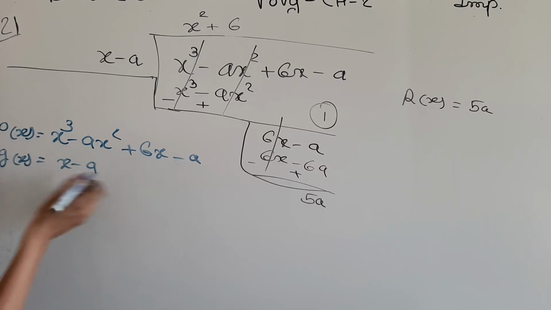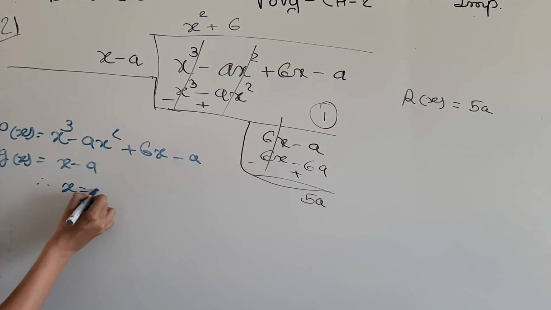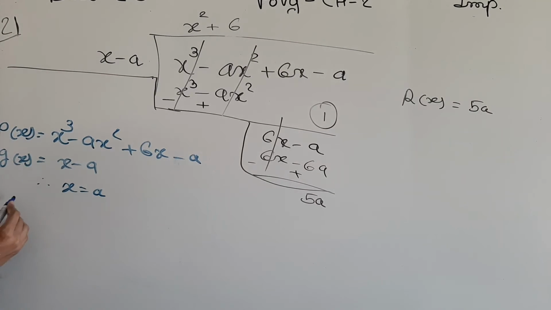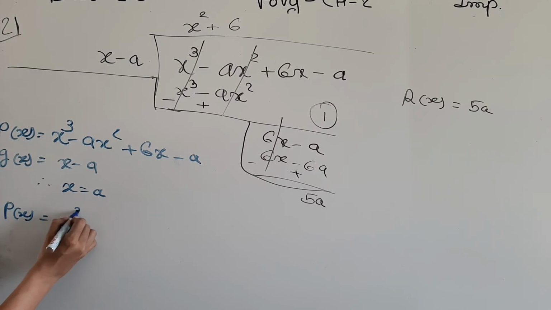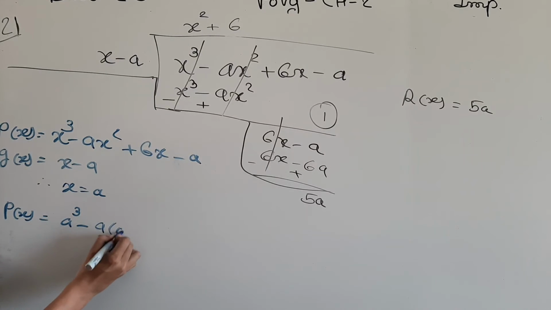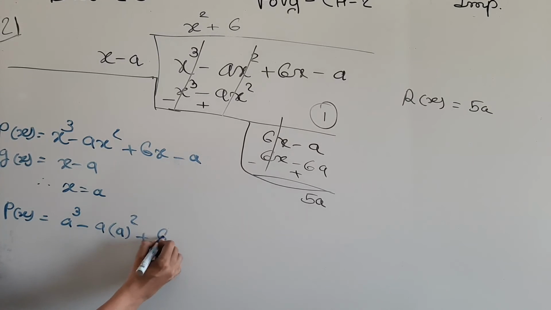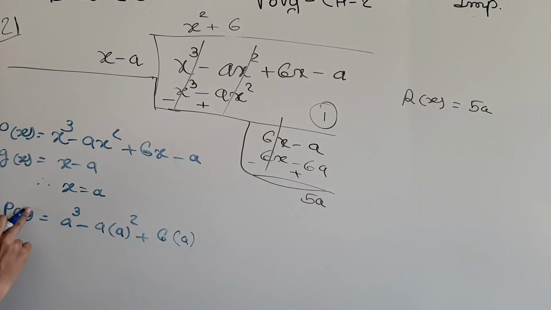So x is equal to a. So you have to write here p of x is equal to a cube minus a into x square, so a into a square plus 6 into a. Here actually you should write p of a.